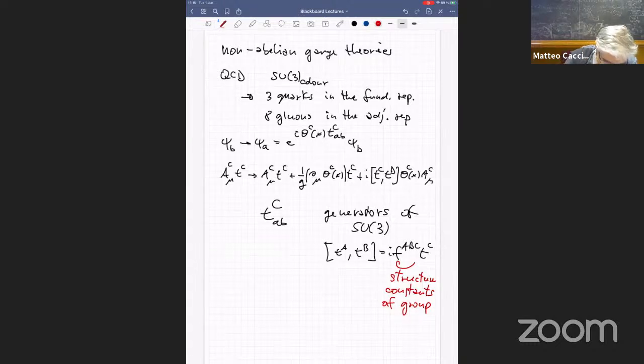And let me just point out that here, these are indices in the fundamental representation. And this is an index, this is a capital C, actually. It's not easy to see here. I will try to use capital indices for the adjoint representation and lowercase indices for the fundamental one.